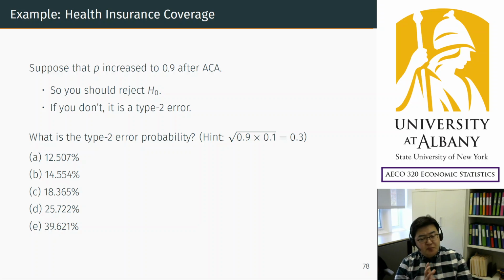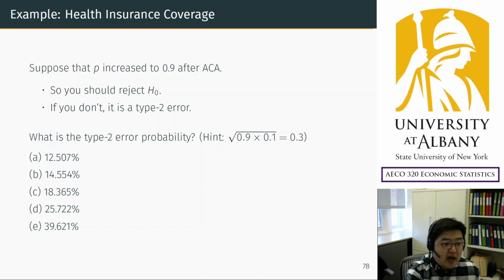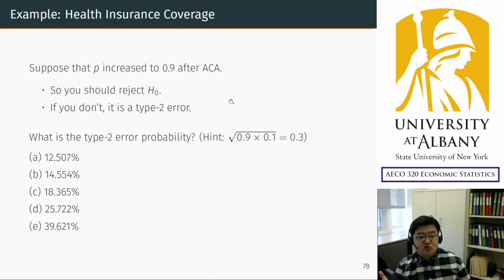So now, suppose that actually the truth is that the insurance coverage percentage increased from 80% to 90% after the legislation. And then you had to reject the null hypothesis, but if you can't, then it is a type 2 error.